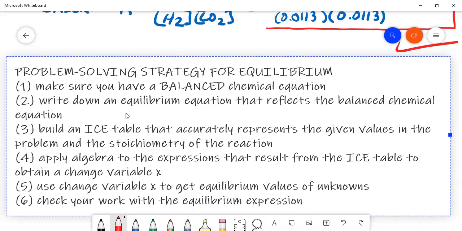And I'll just go ahead and throw 6 in for those of y'all who really like to make sure your work is rigorous before you submit it. Like to make sure your work is checked out. Use the equilibrium expression again to check your work.